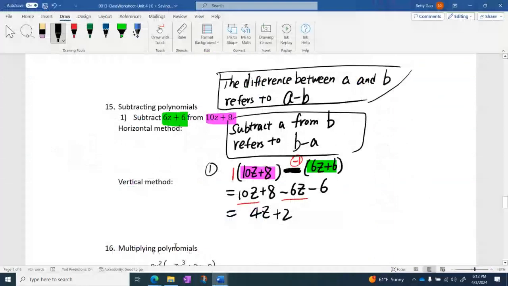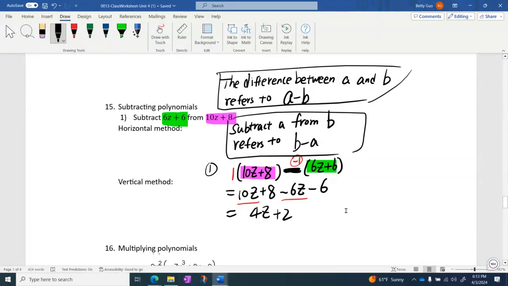So that's how we apply the horizontal method to subtract one polynomial from another. What we need to pay attention to are two things. The first thing, you need to be certain that you are using the right polynomial to subtract another. I mean the order of the two polynomials. In this case, we use the pink minus the green.